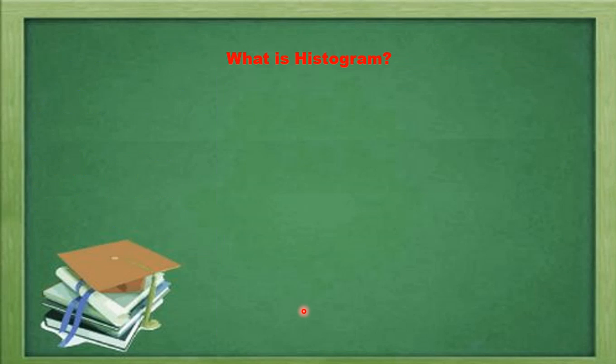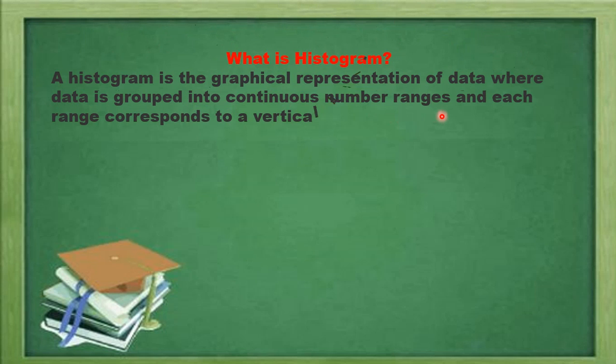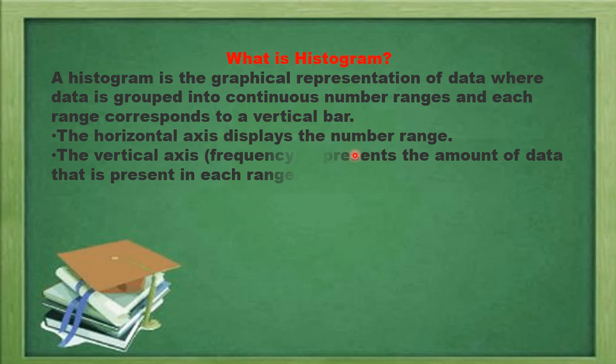So what we have discussed here is, what is a histogram? A histogram is the graphical representation of data where data is grouped into continuous number ranges, and each range corresponds to a vertical bar. The horizontal axis displays the number range, and the vertical axis represents the amount of data present in each range.